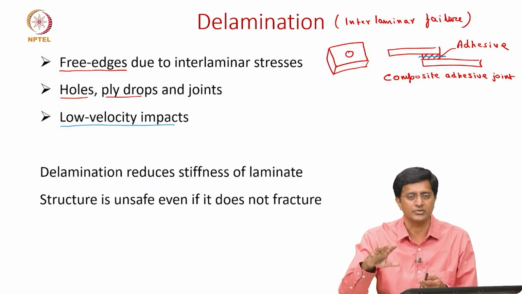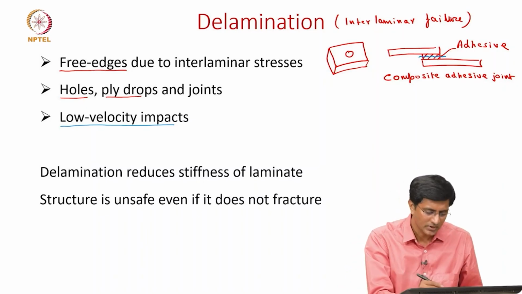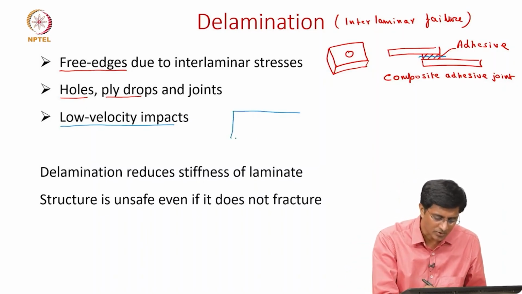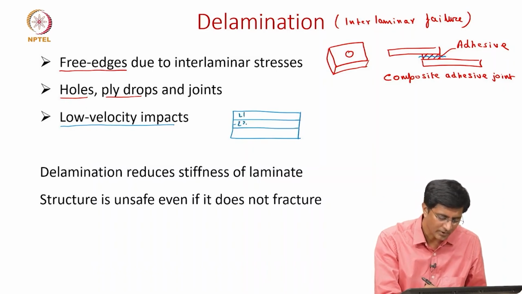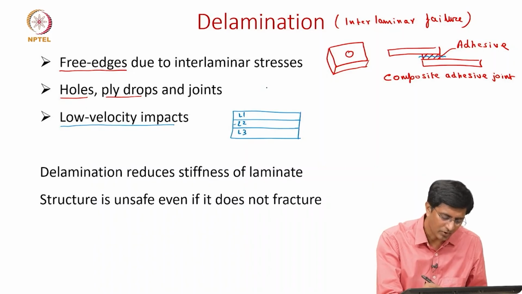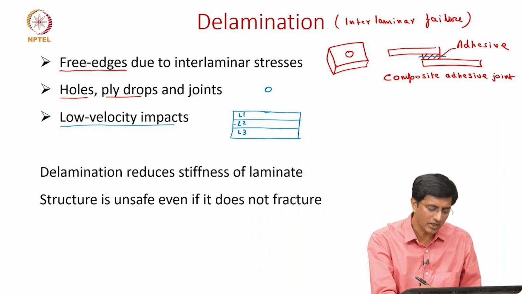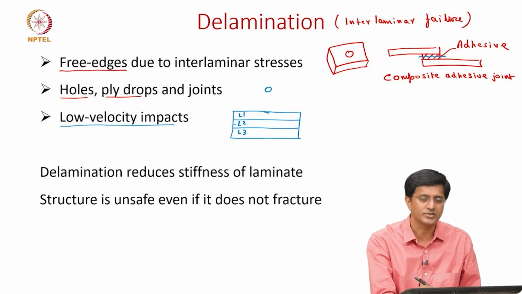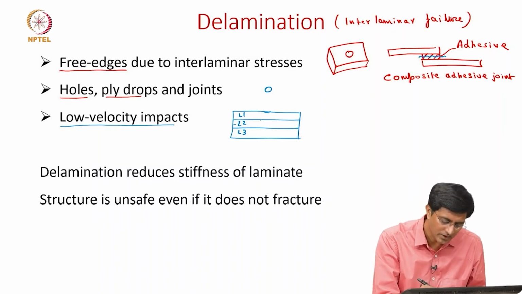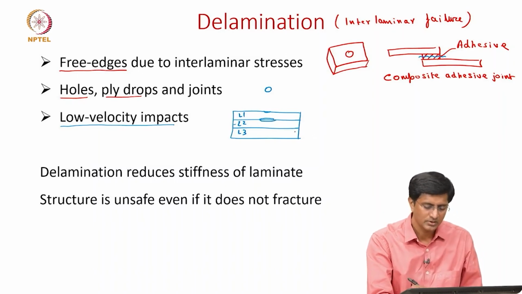But below the surface, let's say this is the cross section of the laminate we are discussing, and it has 3 layers: layer 1, layer 2, layer 3. Because of dropping an object on this laminate, it can have a dent on the surface, but in addition it could create some delamination between the layers.